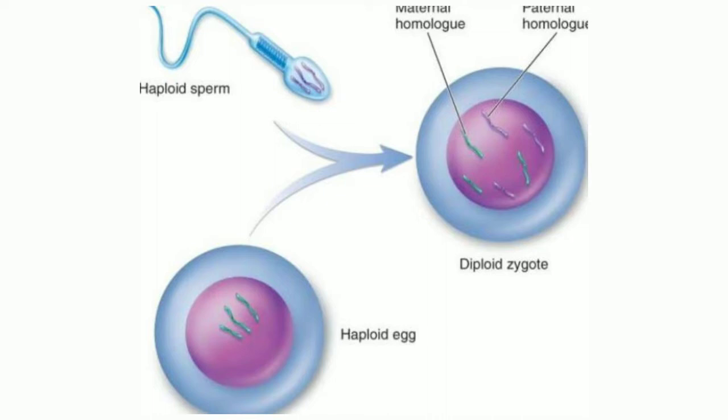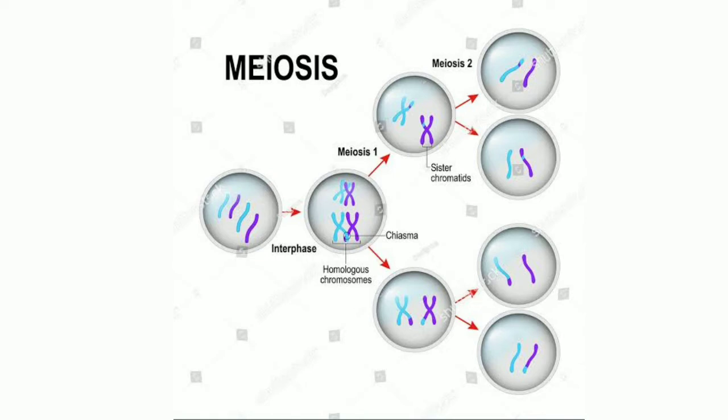Therefore, in the resultant zygote, the genes or the chromosomes always appear in diploid form, and these gametes have the chromosomes in half the number, because during the formation of gametes, meiosis division took place, and this meiosis cell division was essential.